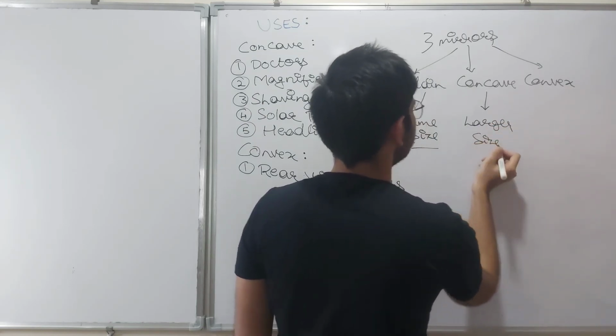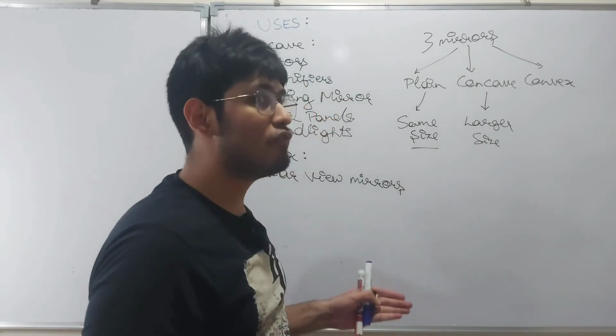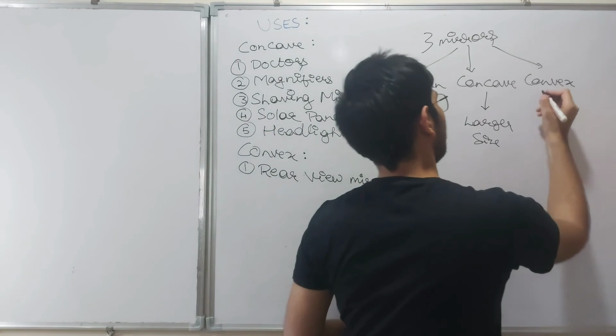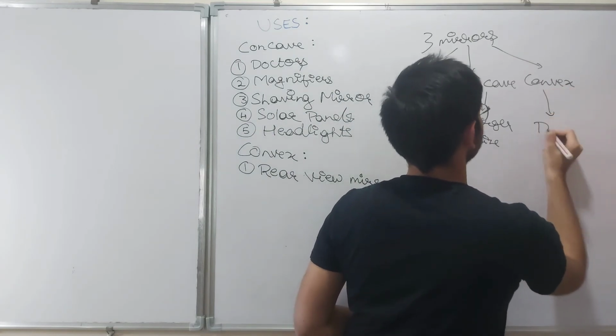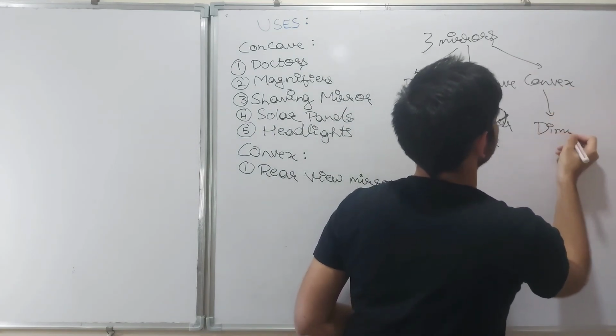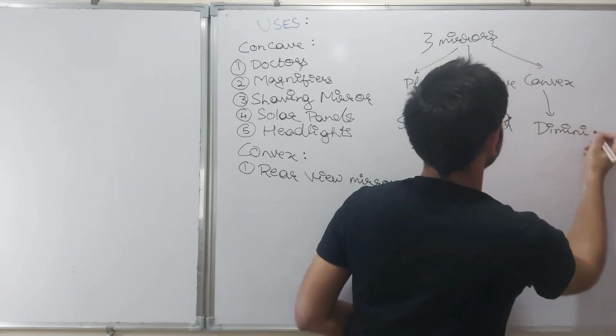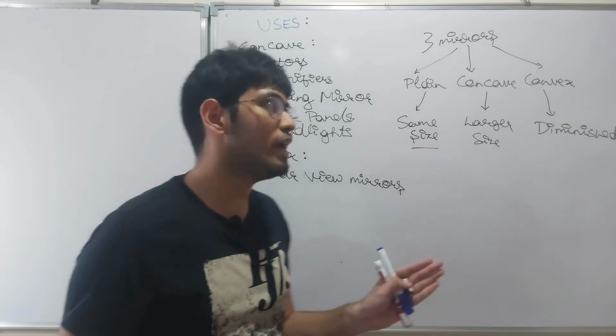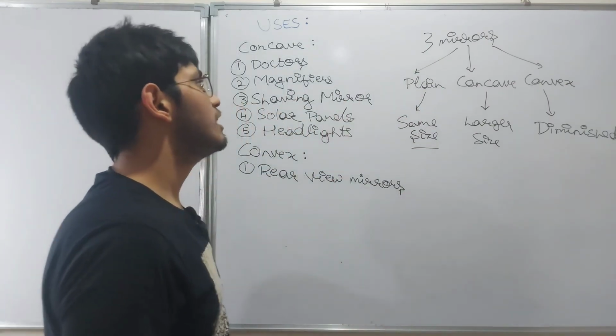And if the image being formed is of a smaller size, diminished, then it is the case of a convex mirror. Okay, so I think that these points might be clear to you.